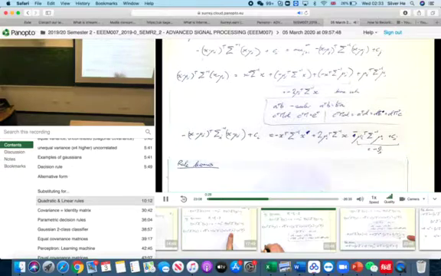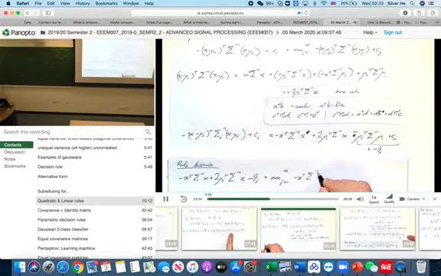So the rule now becomes minus x transpose sigma to the minus 1 x plus 2 mu I transpose sigma to the minus 1 x minus theta I is equal to the maximum value over j equals 1 to m of minus x transpose sigma to the minus 1 x plus 2 mu j transpose sigma to the minus 1 x minus theta j.